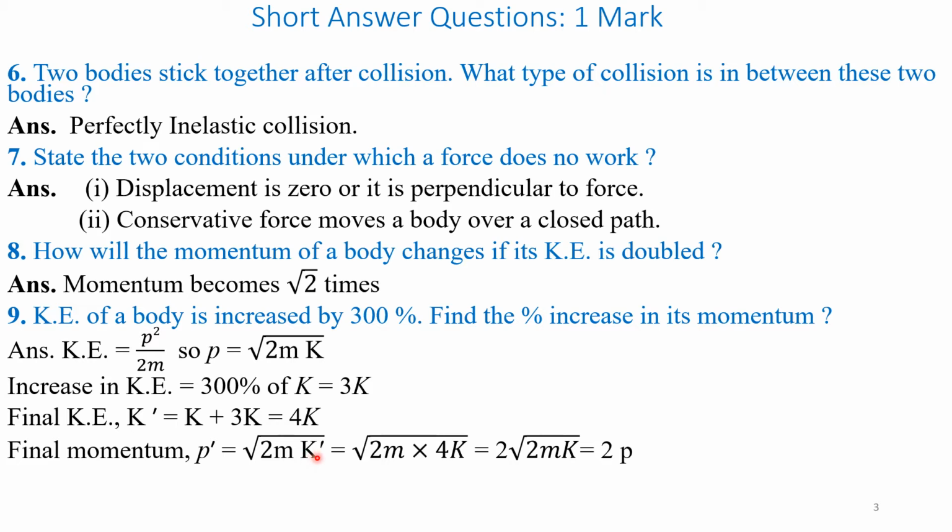And final momentum P dash is equal to square root of 2m into K dash. So here we have to put the K dash value as 4K. Therefore 2m into 4K, square root of 4 is 2, which we take outside, 2 into square root of 2mK. So square root of 2mK is P. Therefore final momentum is 2P.